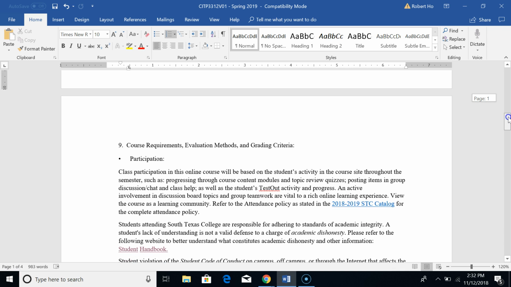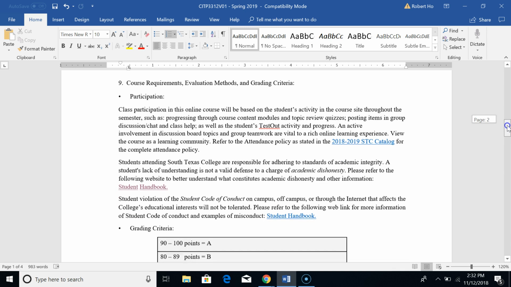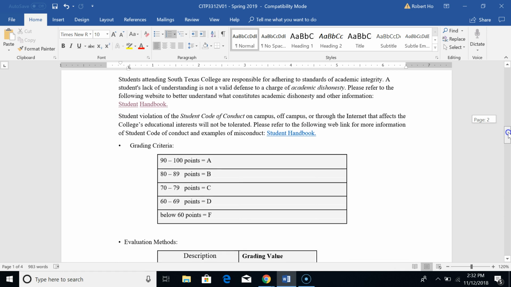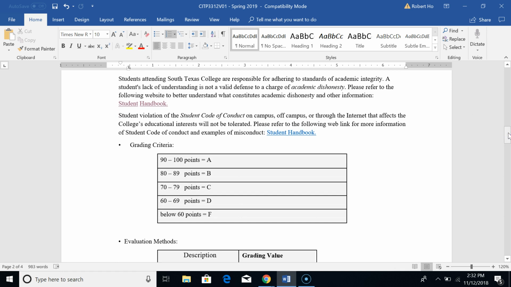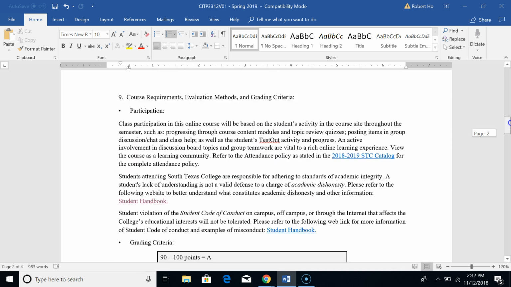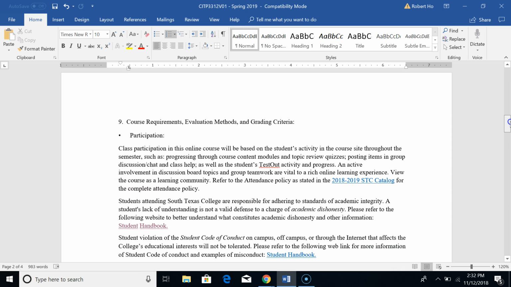Let's move to the next one, course requirement, evaluation, and grading criteria. Okay, the grading criteria is pretty much standard across the college. But before we discuss the grading criteria and evaluation method, make sure you read the participation section, and make sure that students are actively involved in the discussion or activities throughout the semester.